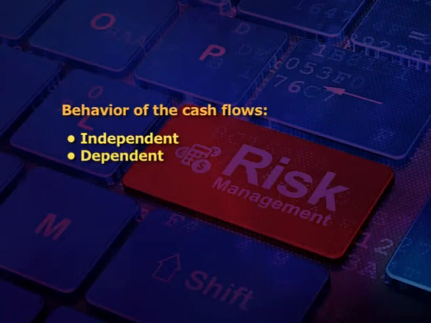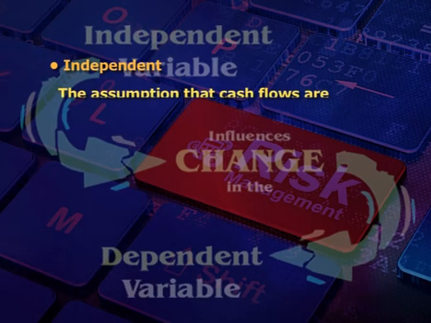The probability distribution of cash flows over time provides valuable information about the expected value of return, and the dispersion of the probability distribution of possible returns, which helps in taking accept, reject decisions of the investment decision. The application of this theory in analyzing risk in capital budgeting depends upon the behavior of the cash flows being independent and dependent.